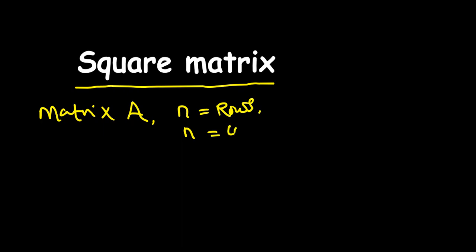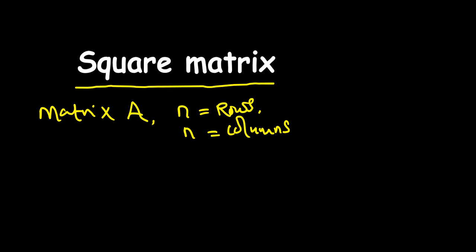If I have a matrix A, and this matrix A has n rows and it also has n columns, meaning the number of rows and the number of columns are equal, then we describe that matrix as a square matrix.